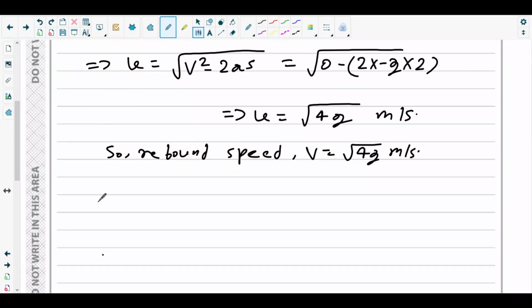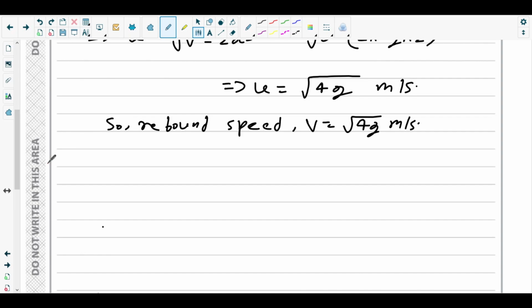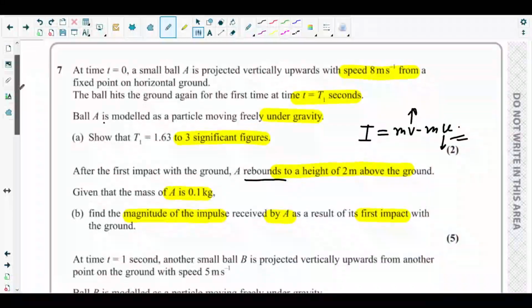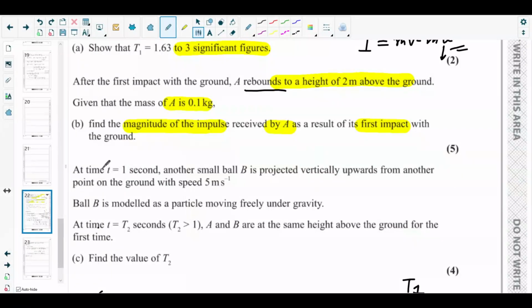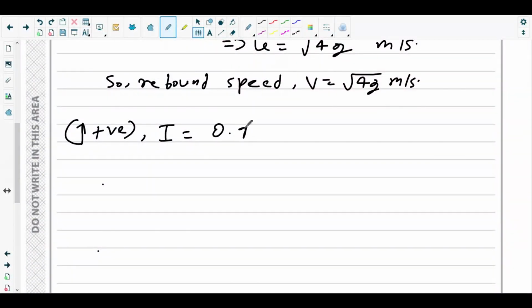Now we need to find out impulse. We are taking upward as positive, so for impulse the direction definitely matters. Impulse I equals mass, which is 0.1 kg, times v minus u.